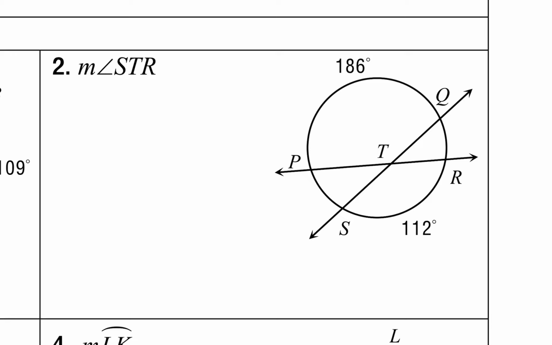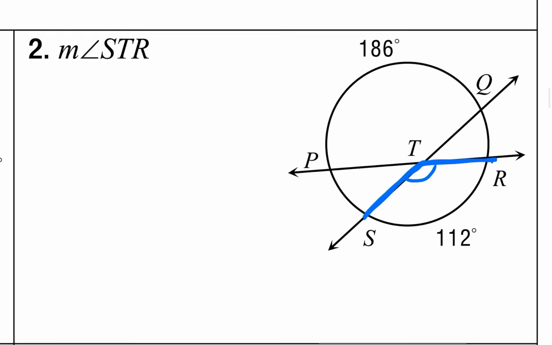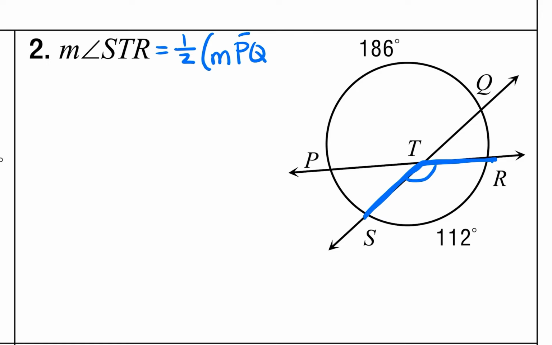Let's start with number 2. Looks like they were asking for the measurement of angle STR. So let's first go ahead and highlight the angle they're asking for. So that's this angle here. In order to find the measurement of angle STR, that's going to be equal to a half of the measurement of arc PQ plus the measurement of arc SR, according to the notes that we just took.